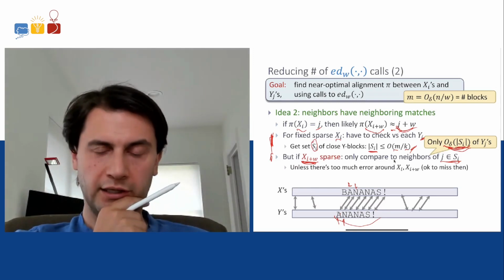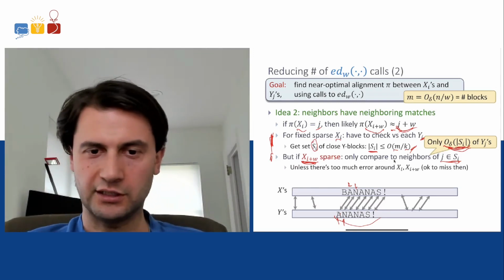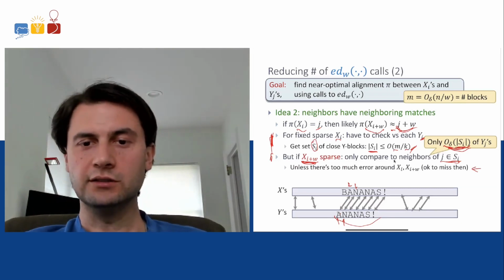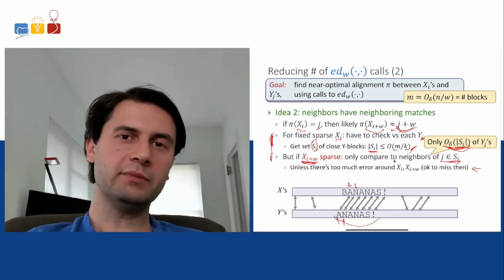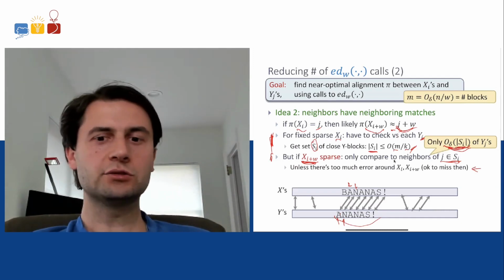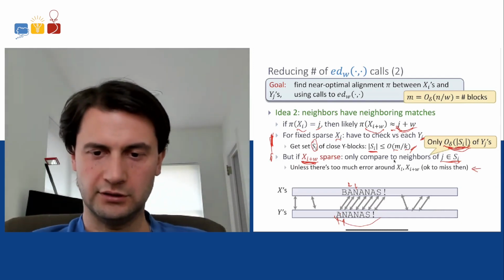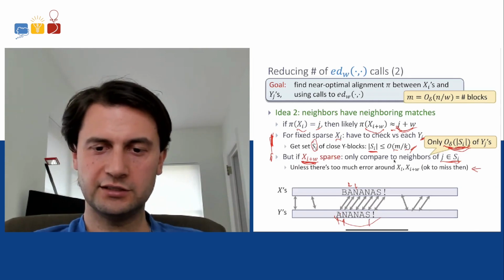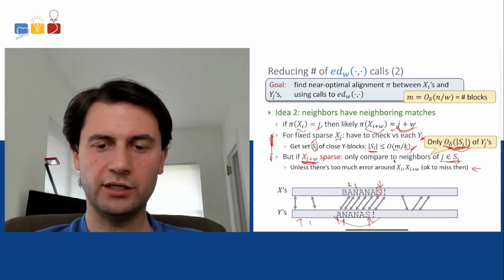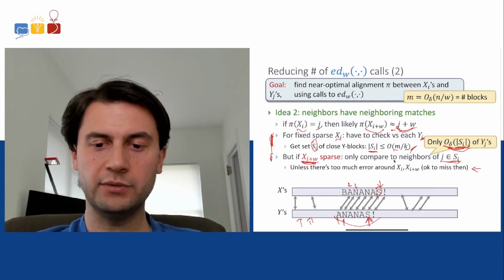Apologies, I forgot to mention one point here: the statement that neighbors have neighboring matches holds on average. Pictorially, suppose this is the S, and this S has done all the work of comparing against all the blocks here in Y. It found that I have one match here.